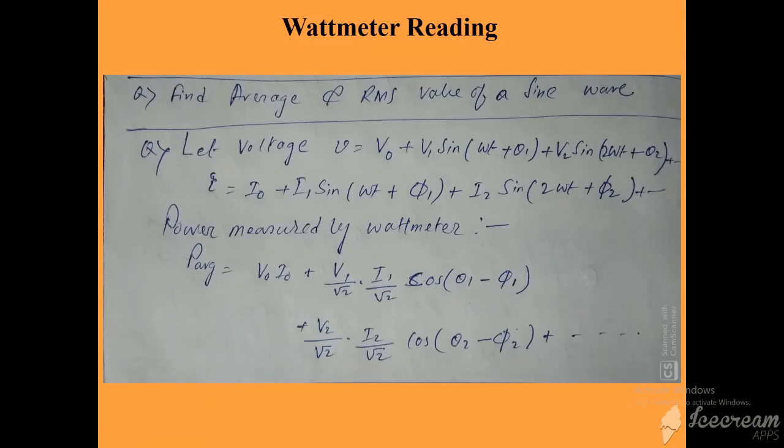Now one thing I want to add here, since this is a bit of a tough problem: just ask if you have any doubts. Suppose instead of 2 omega t, it is given as omega t, say v1 sine of omega t plus theta 1 plus v2 sine of omega t plus theta 2, or v2 cosine of omega t plus theta 2.